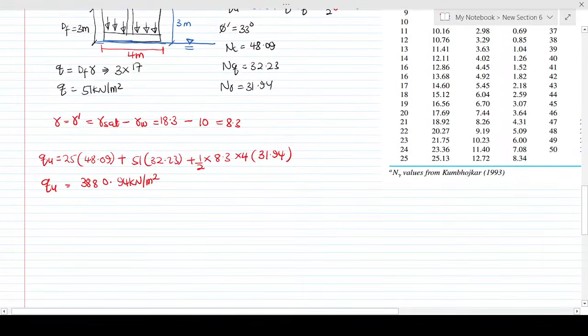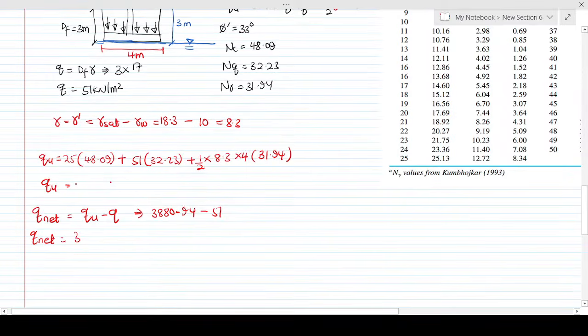So the net bearing, Q net, is given by Q ultimate minus Q static. So Q ultimate is 3880.94 minus the static 61. We are going to get Q net is equal to... sorry, I didn't calculate it.